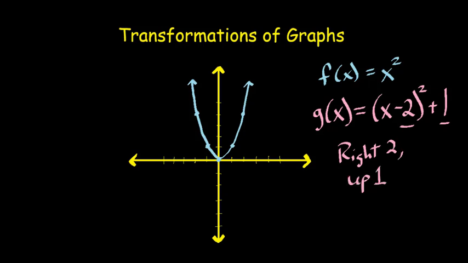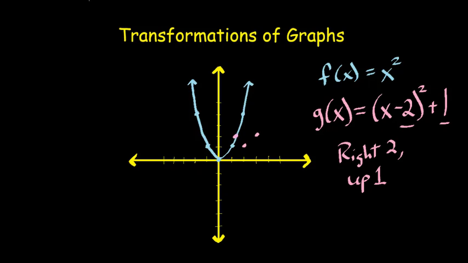So we don't even have to calculate a table of values knowing this information. We could take the point 0, 0, go up 1 and over 2, and we know that that is where the vertex of this function will be. We could take the point 1, 1 and go right 2 and up 1, and we know it will land right here. We could take this point, -1, 1, shift it right 2 and up 1, and know that it will land right here.